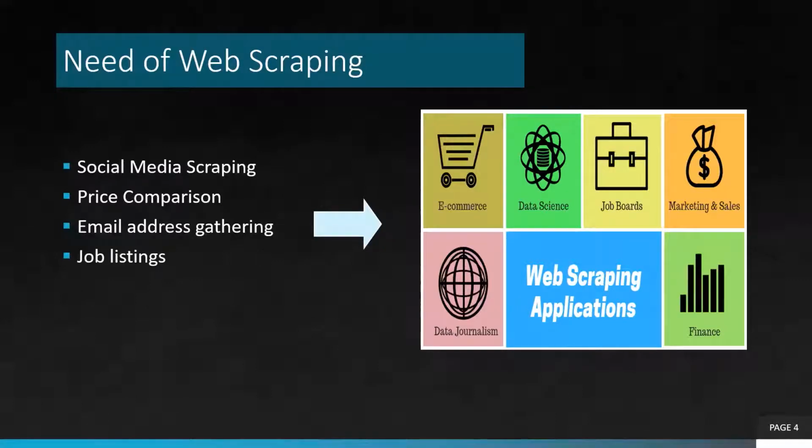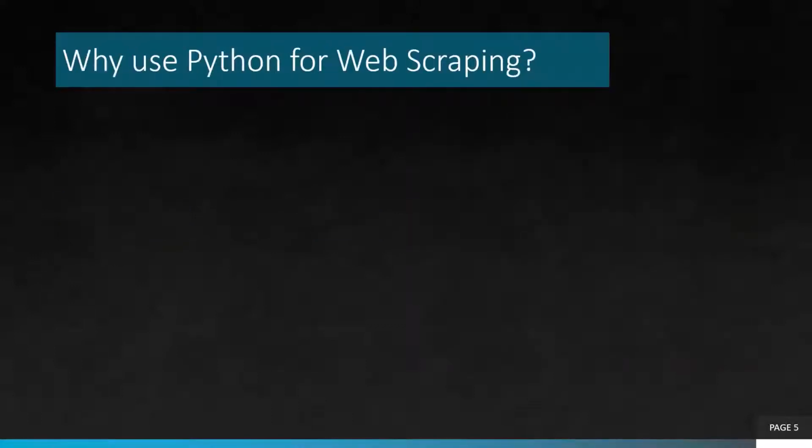But going forward in industry, we'll be required to use data from various websites. And then we will be using web scraping to extract that data from those websites and use it for our data analysis in industries. Okay. So these are the applications of web scraping, and this is why we need web scraping.